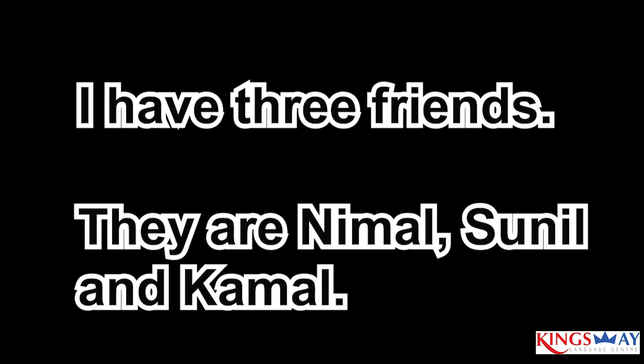We can say there are 3 friends. We can say their names like this: they are Nimal, Sunil and Kamal. That is how to use are in two different structures, with there and with they.